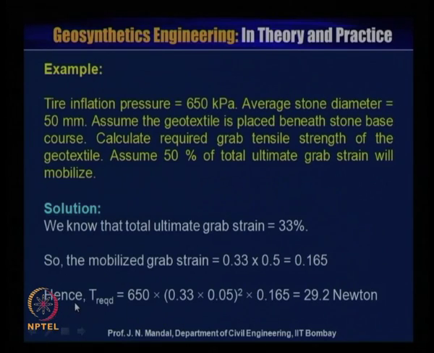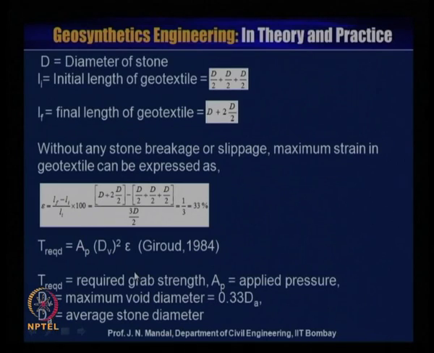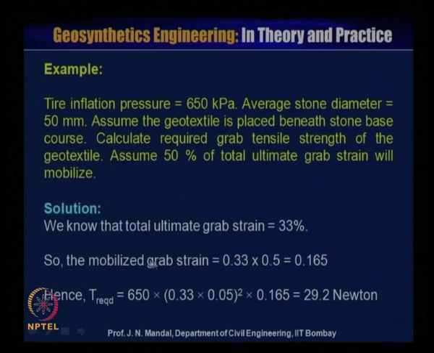What is T required? T required is equal to, as you have seen in the earlier equation, delta P into dV square into epsilon. So, here delta P is that pressure, 650 kilopascal, into dV square.